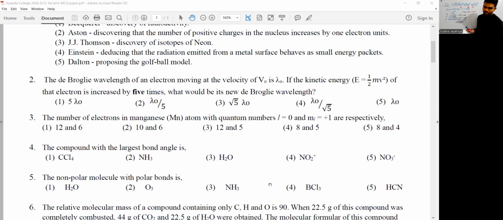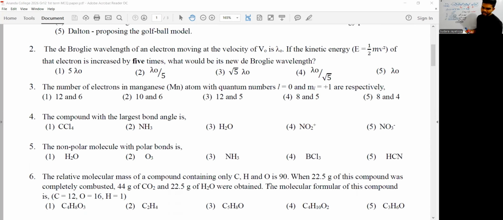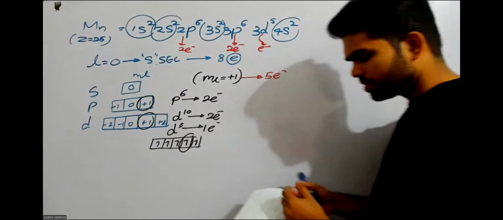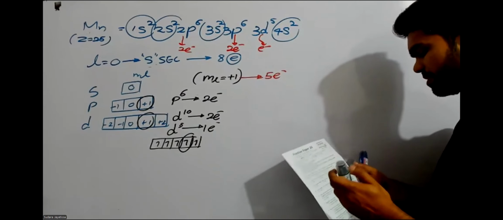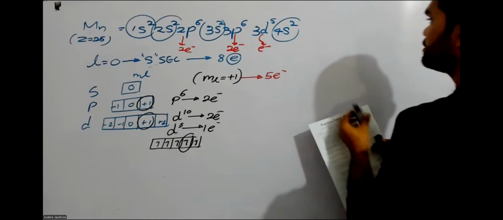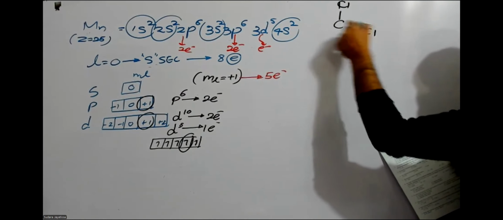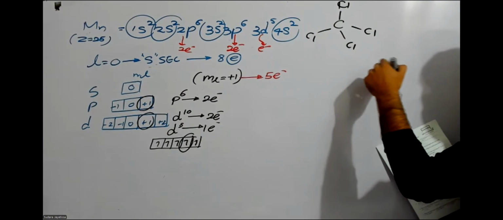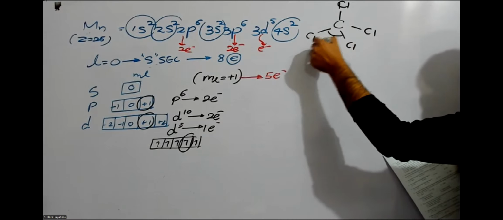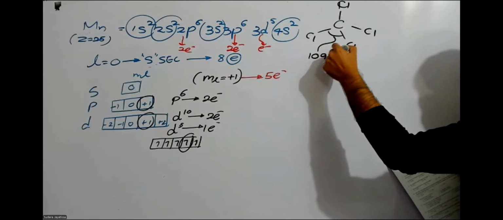Then the fourth one: the compound with the largest bond angle is. This is from the bonding lesson. There are 5 molecules given, and they're asking for the highest bond angle. So let's get their structures. CCl4 is a tetrahedral molecule, so its bond angle will be exactly 109.5 degrees.